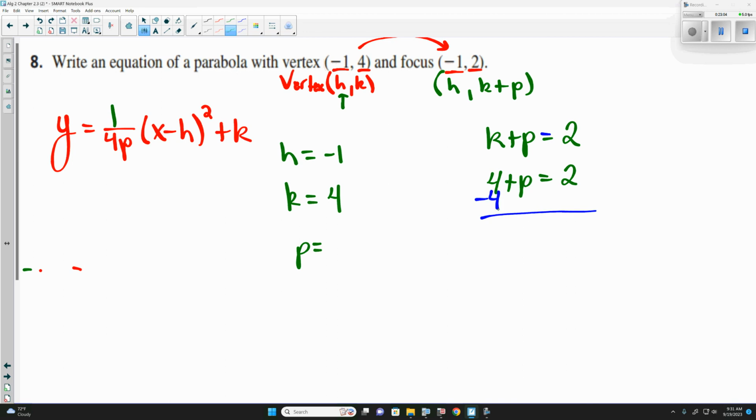So to solve that, we would subtract 4 from both sides. 4 minus 4 is 0, and 2 minus 4 is negative 2. Questions on this here? Again, questions on any of this here so far?